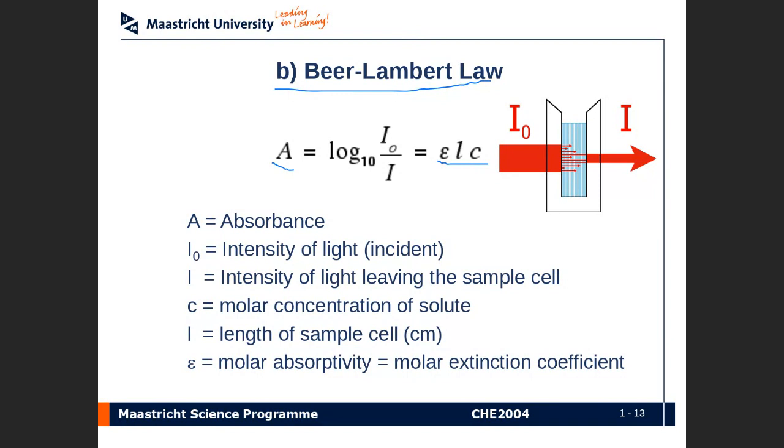Obviously, the longer the cell, the more absorption there's going to be, right? And C is the molar concentration. The higher the concentration means there's going to be more of the molecules present, and you're going to have a higher absorption.